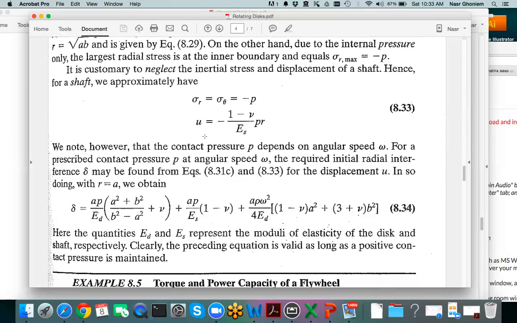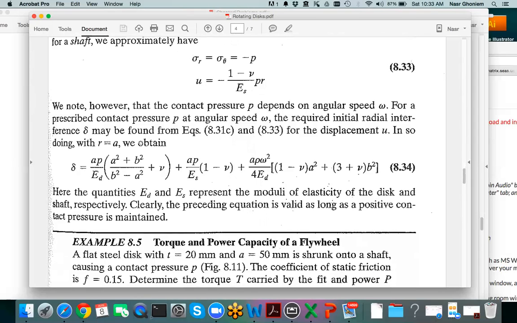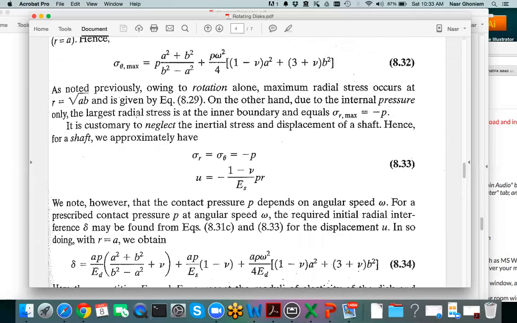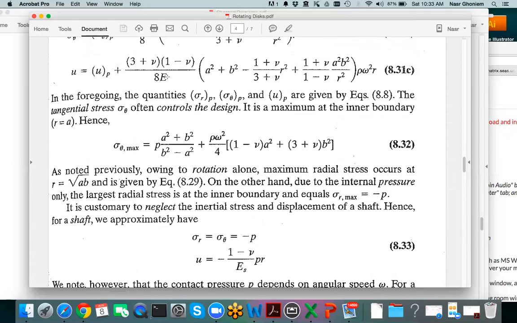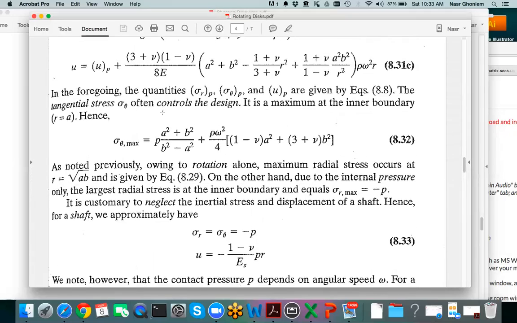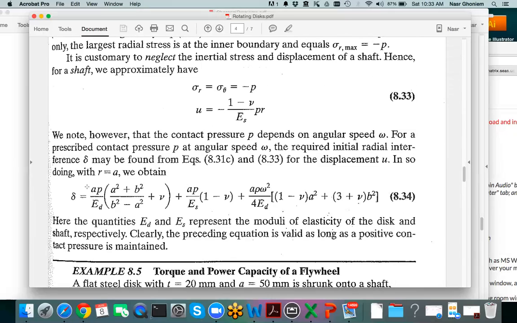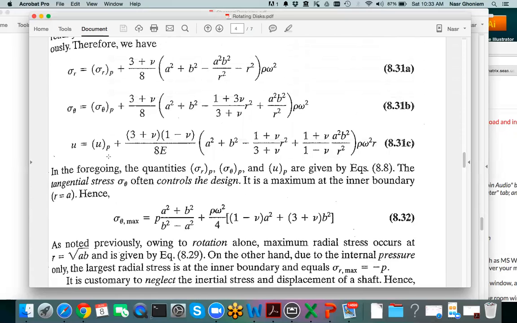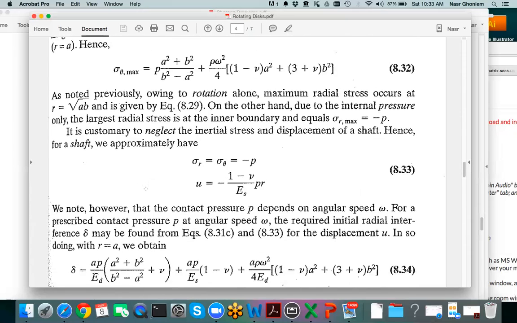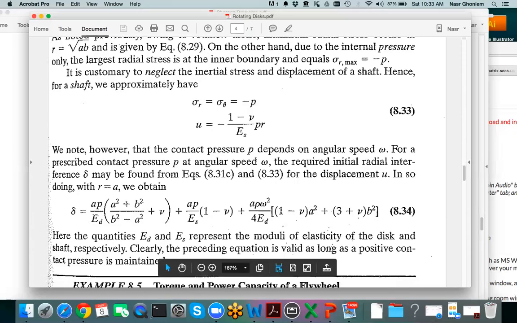An example here is if you write delta, which is now equation 8-31c, delta at the interface, you have the component due to the pressure at the interface as the first term, and then the component due to the rotation as the second term.